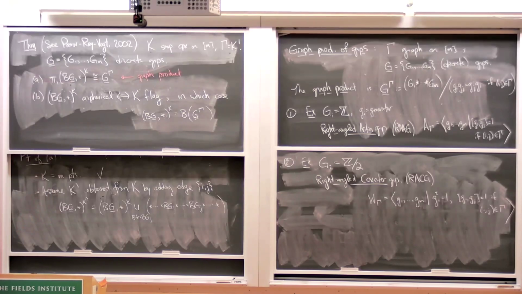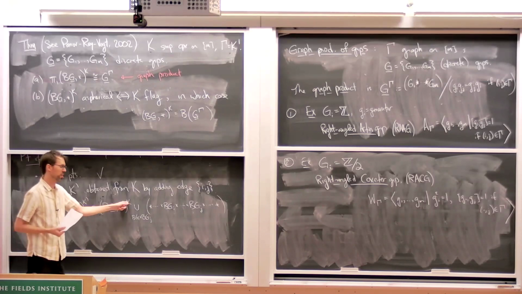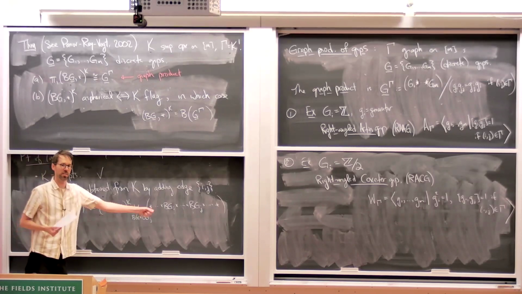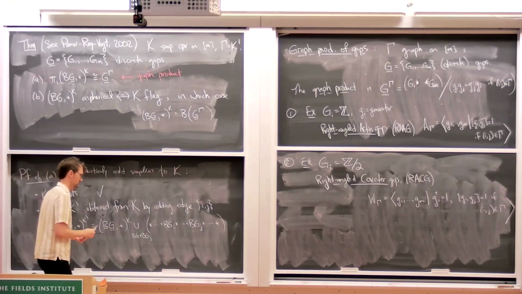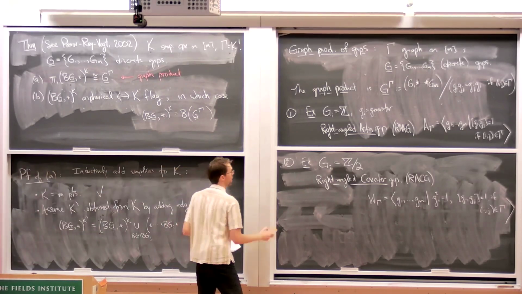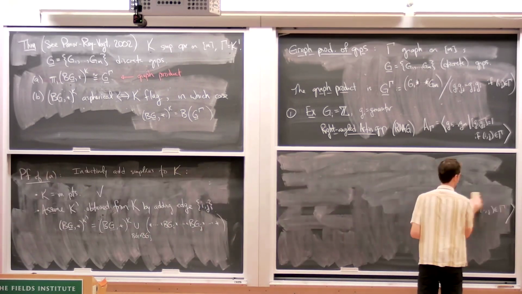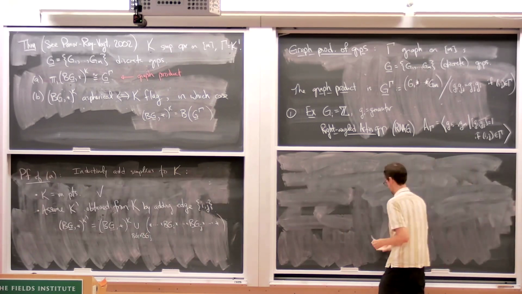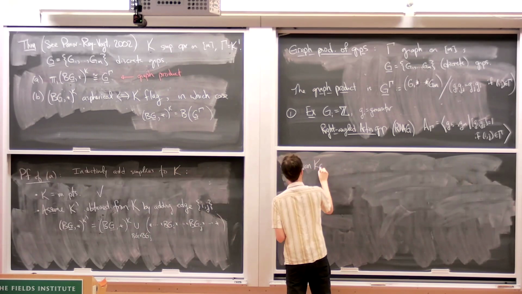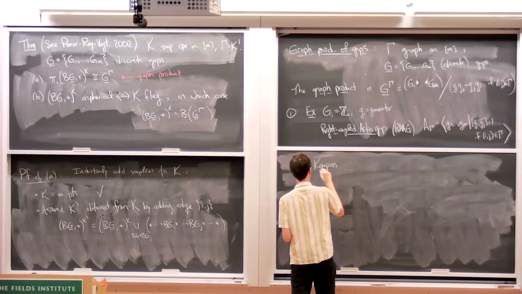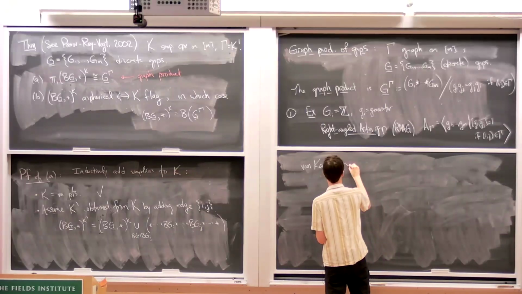So that's something you can apply Van Kampen to, right? If we inductively assume the fundamental group of this is the graph product of K, we can just see what Van Kampen does to add things here. Okay, maybe I'll just be quick and not write out the details.